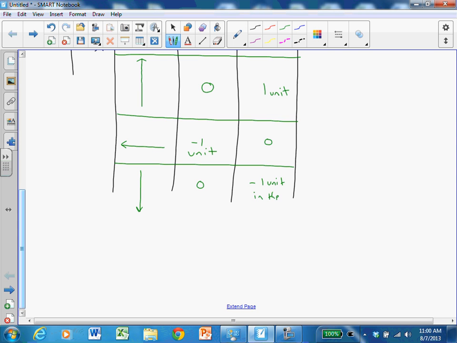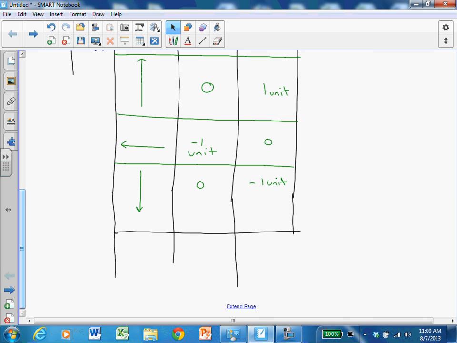Okay, but how about when it's in this direction, like that?